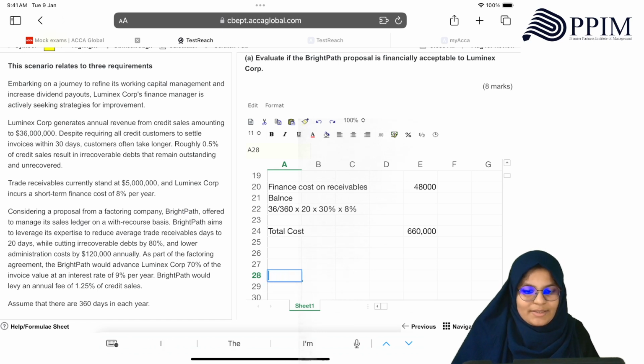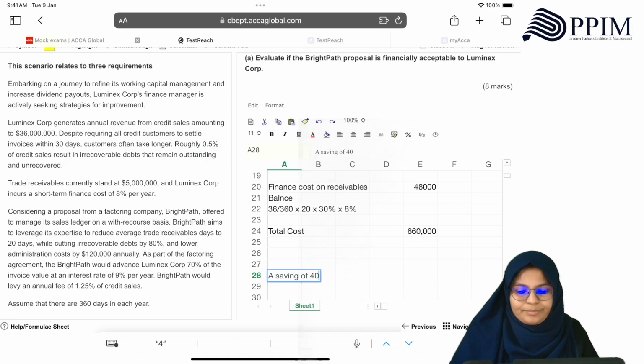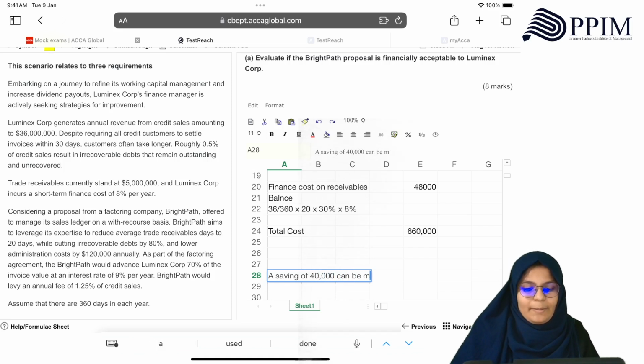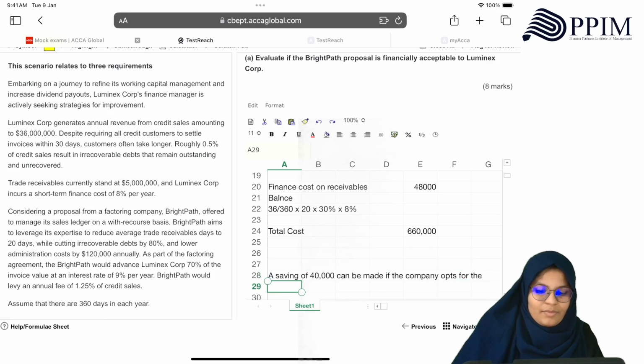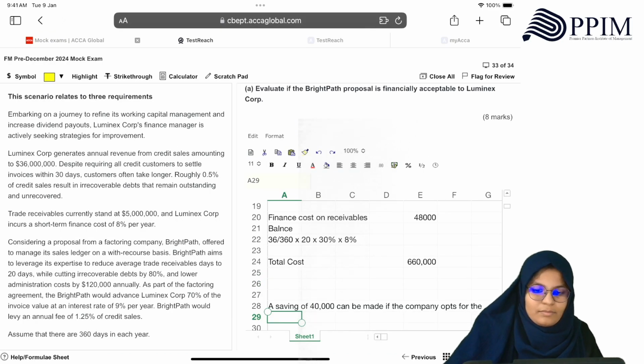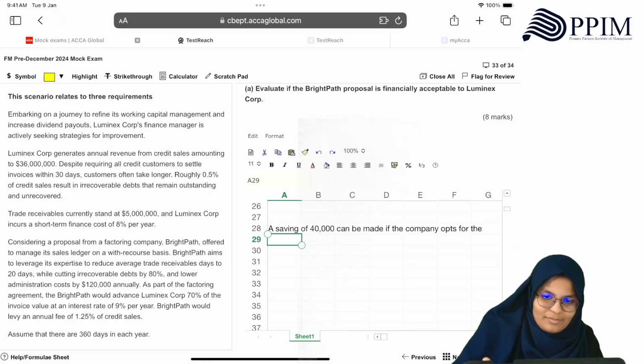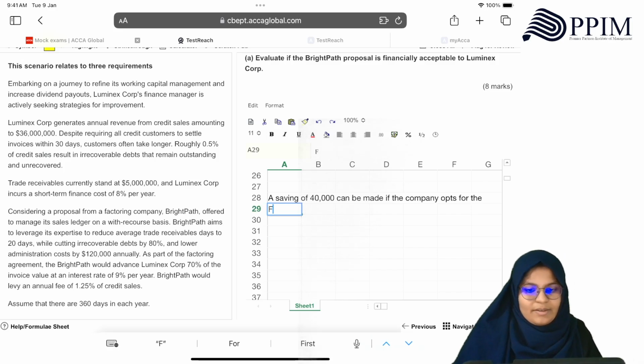or you can put it as a sentence itself, a saving of 60,000, not 60, no 40, can be made if the company opts for the factoring arrangement.